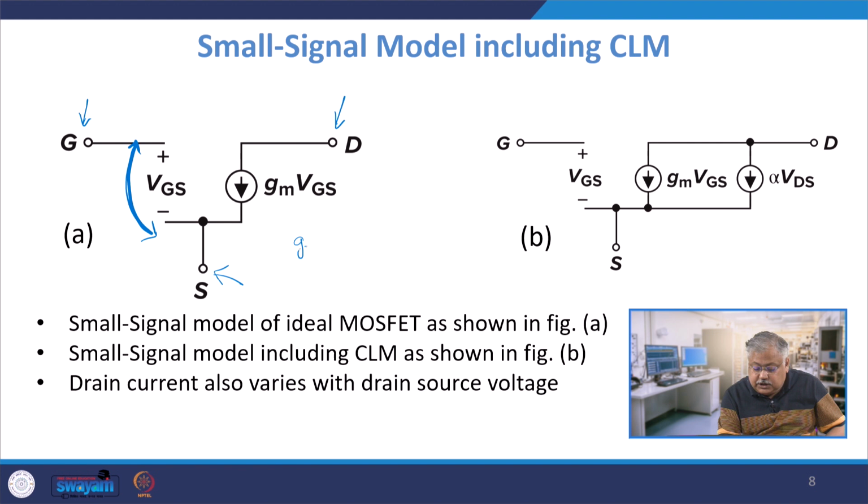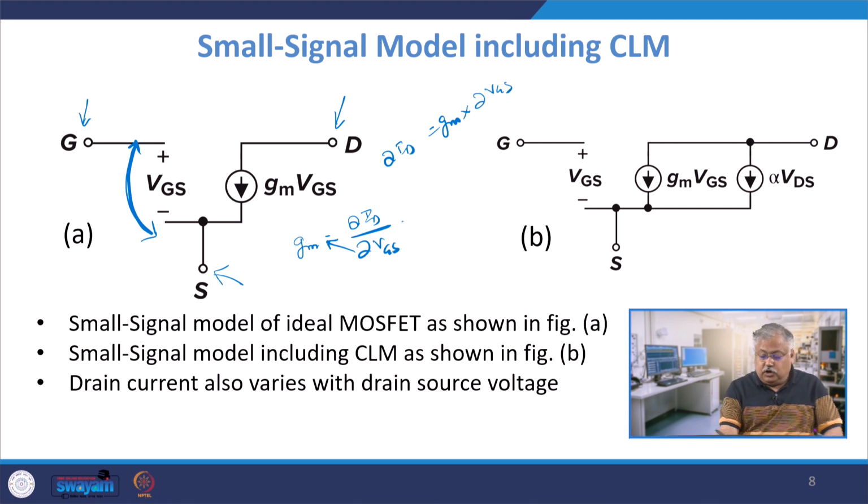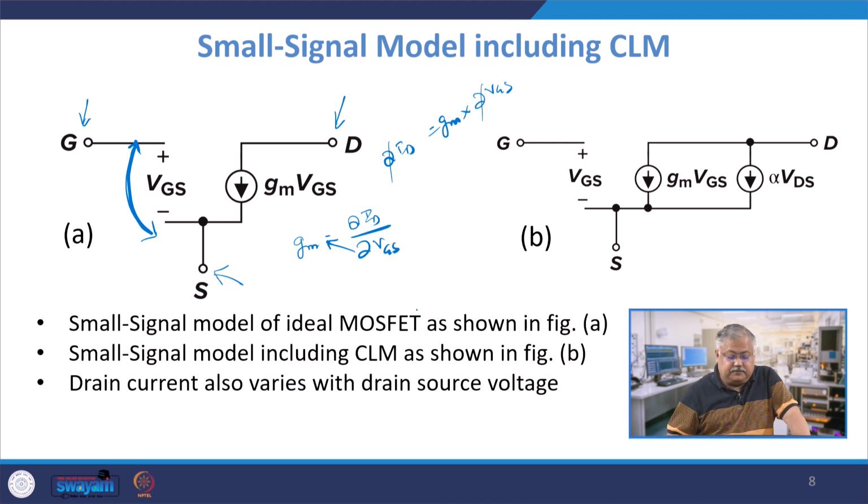Why? Because GM equals del ID del VGS, right? If you cross multiply, I get del ID equals GM times del VGS, correct? If you remove the del from both sides, I can safely write ID equals GM times VGS, and you can see the direction of current is shown here. This is without CLM.